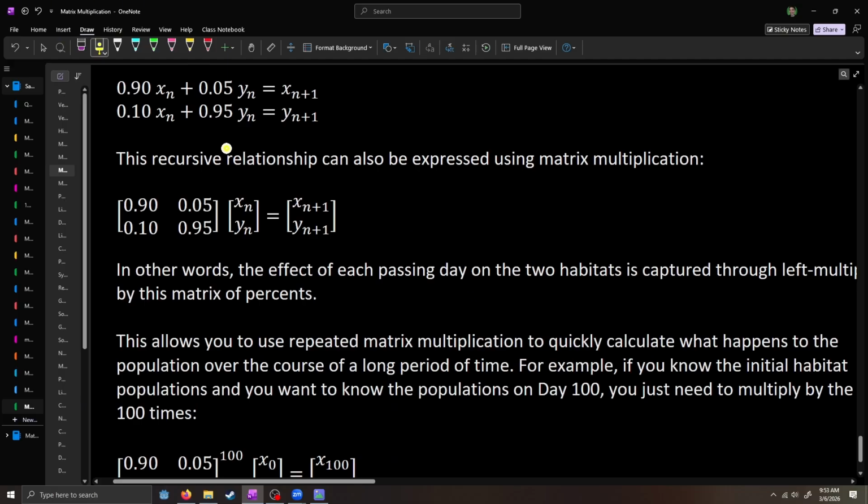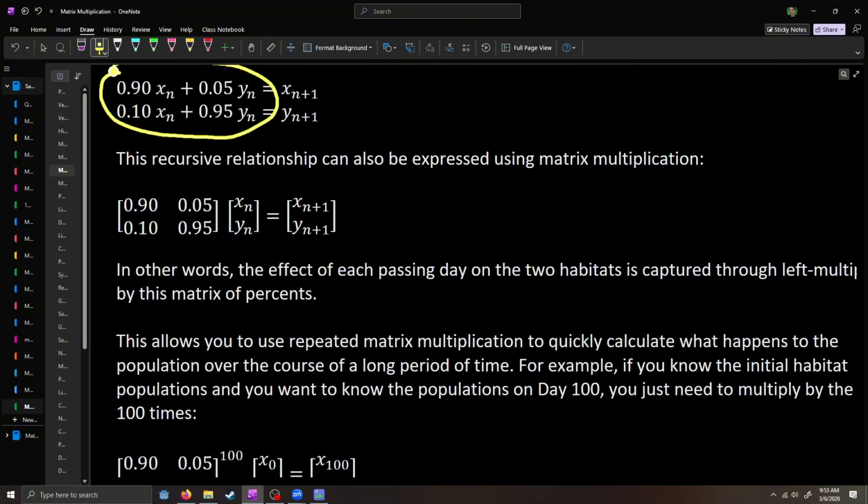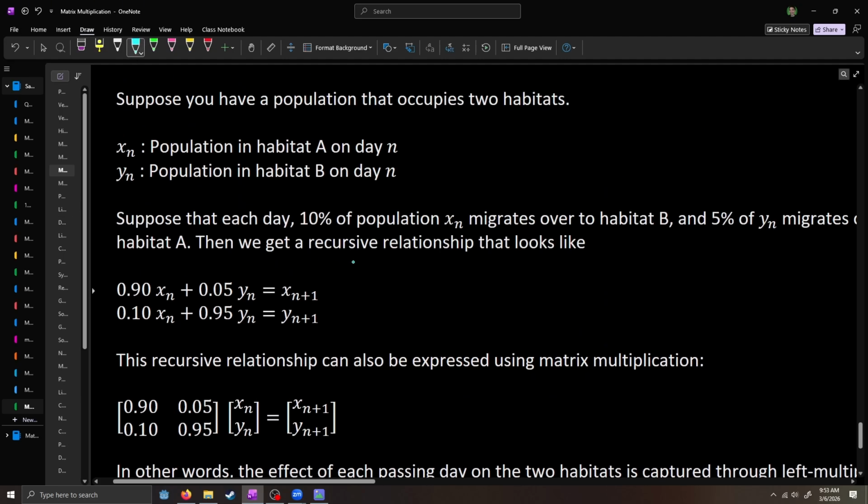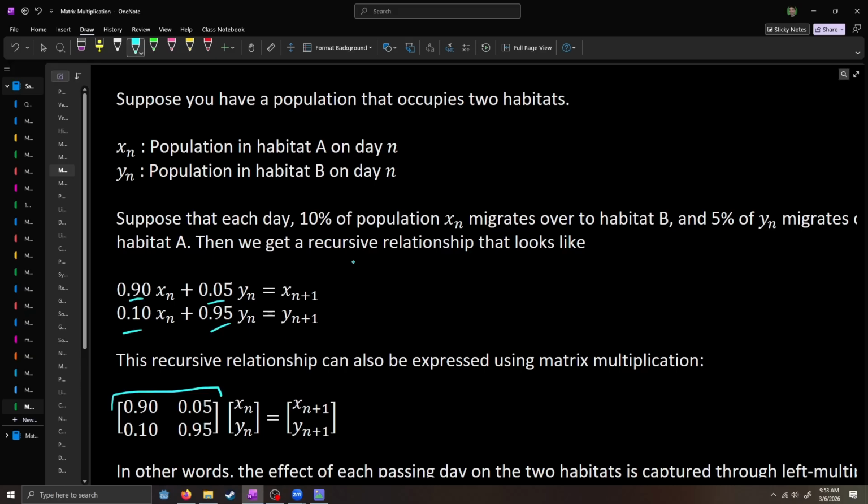What you might be able to notice is that this result on the left side of the system is exactly the same thing that you would get if you multiplied together this matrix product, a 2 by 2 matrix corresponding to the coefficients in our system, and then that coefficient matrix is being multiplied by this vector x sub n, y sub n.